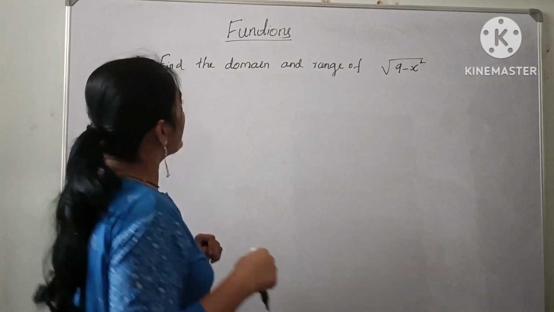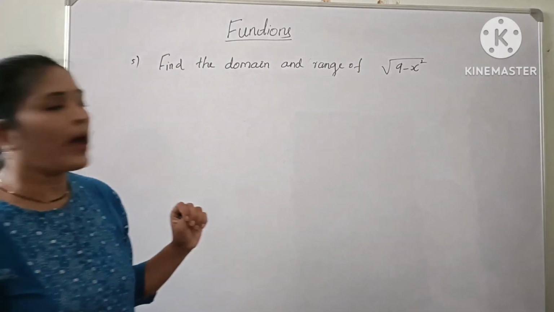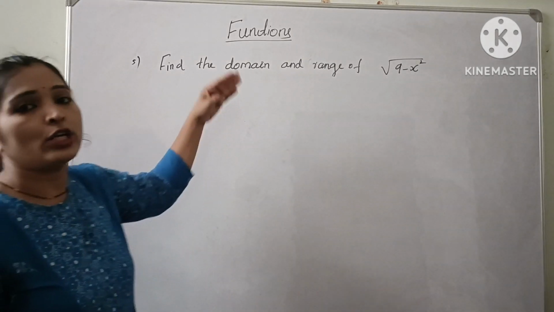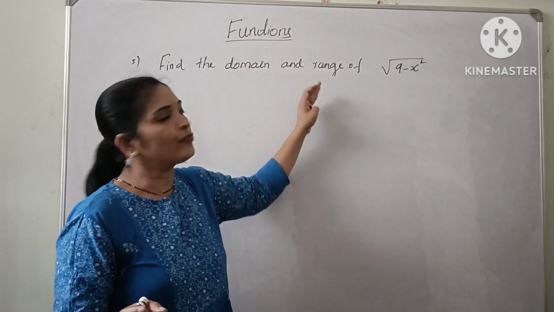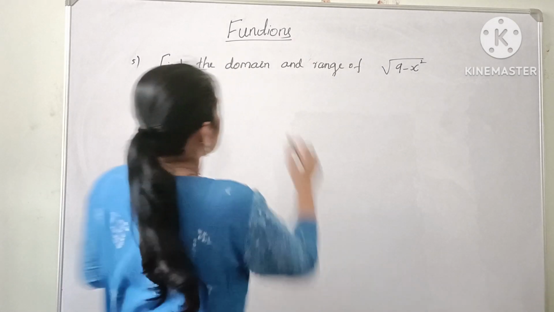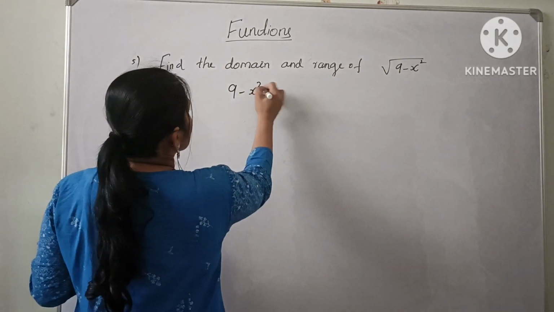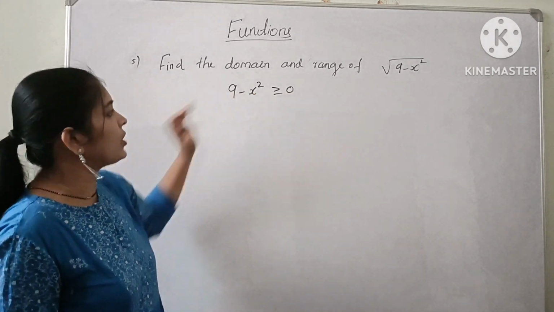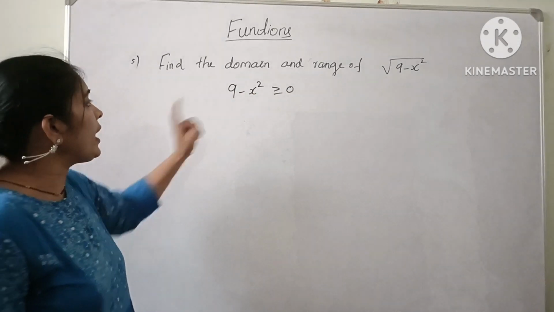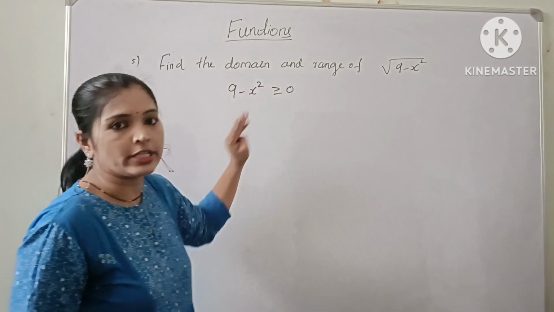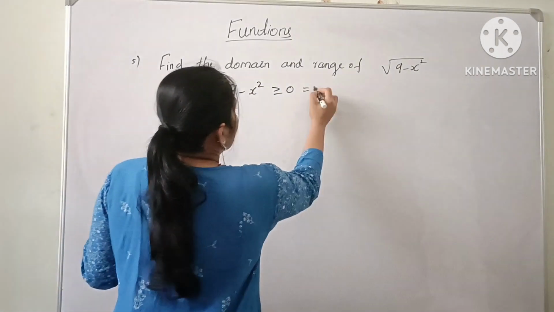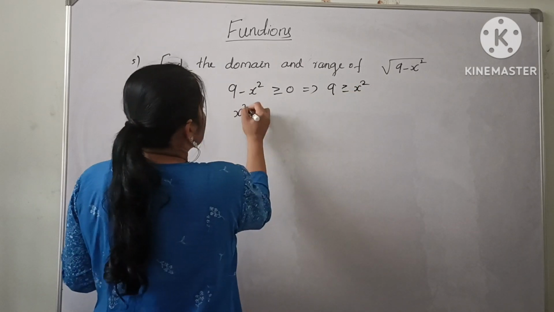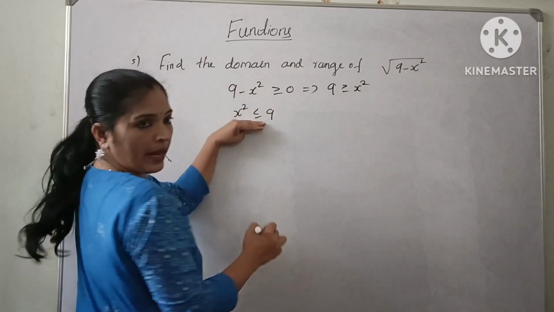Okay, next question, find the domain and range of square root of 9 minus x square. We have under root should not be negative, okay, for domain. So that means 9 minus x square should be greater than or equal to 0. The function is defined only if 9 minus x square is greater than or equal to 0. That implies 9 is greater than or equal to x square, or x square is less than or equal to 9.